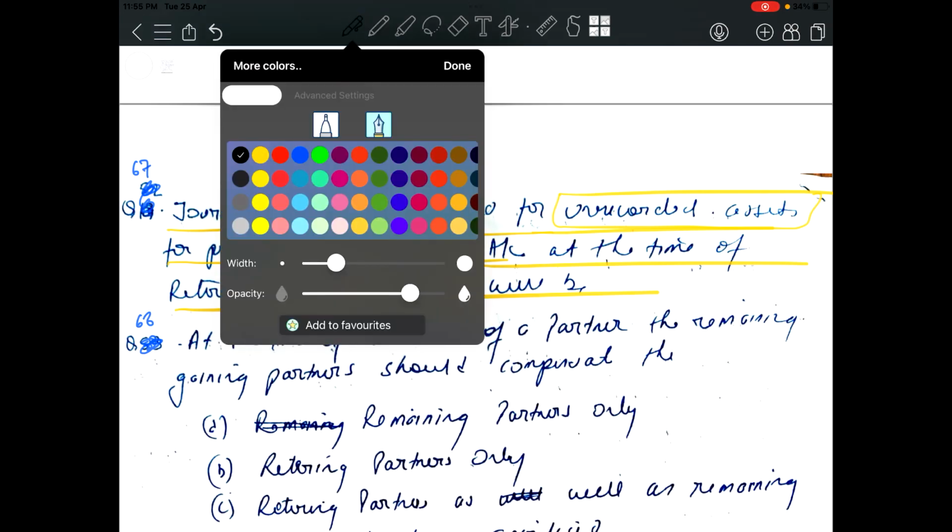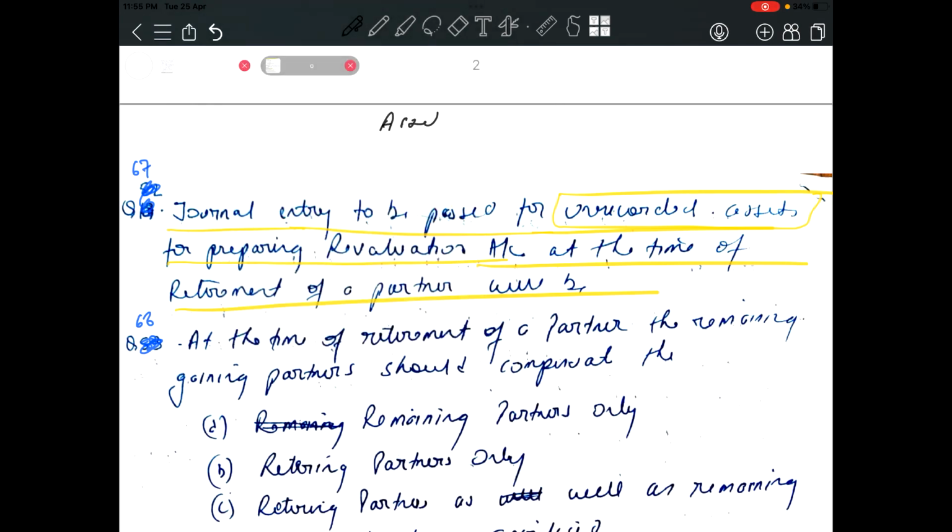So what will be the journal entry? Assets account debit to what? Now when you purchase an asset, what will be the journal entry? Assets account debit to cash, because cash is going out, right? You are purchasing an asset and you are giving cash. But this is an unrecorded asset. Cash has already gone out. So what will be the right journal entry? We will transfer it to revaluation account.